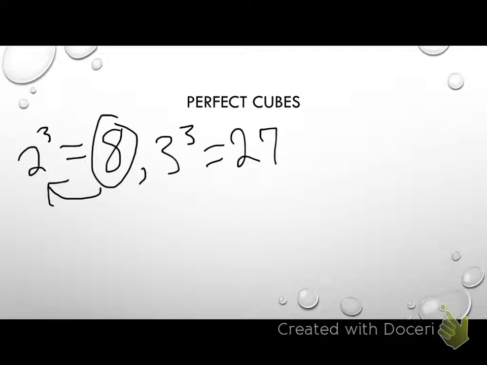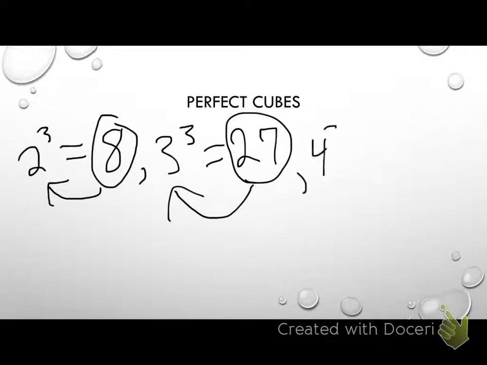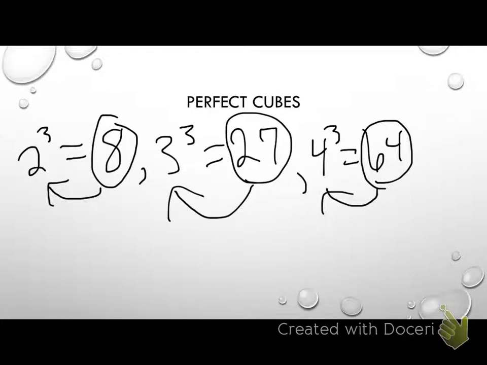That's 3 times 3 times 3. 27 is a perfect cube. If I take the cube root of it, I get 3. The next one, 4 cubed, gives me 64. 64 is a perfect cube. If I take the cube root of it, I get 4.